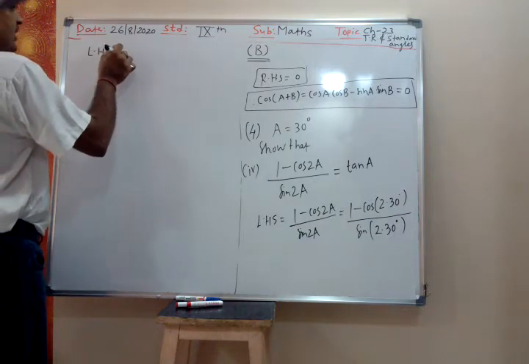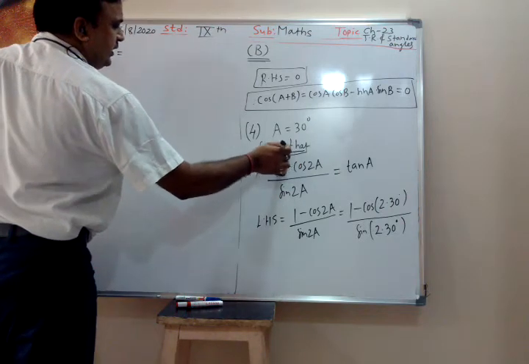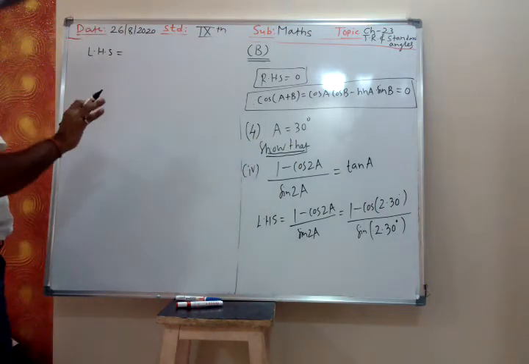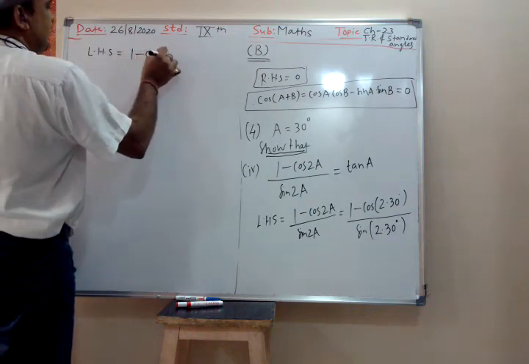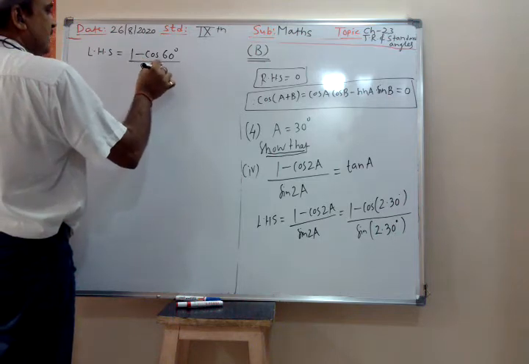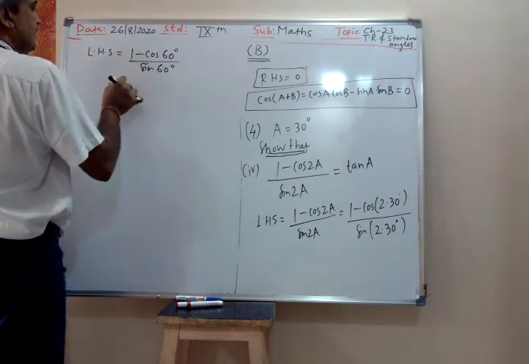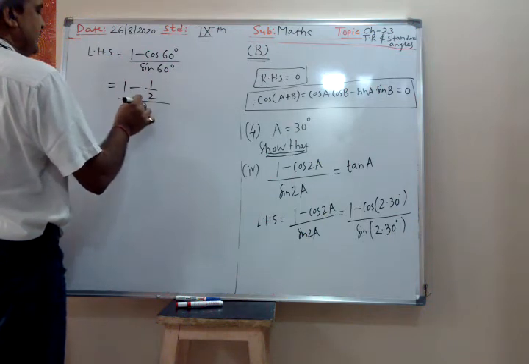I will not write it is proved because it is show that. Whenever it is show that, we only write that they are equal. So that will be 1 minus cos 60 degree upon sin 60 degree.